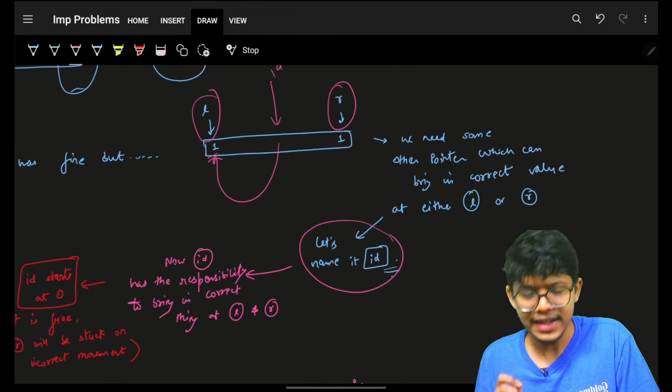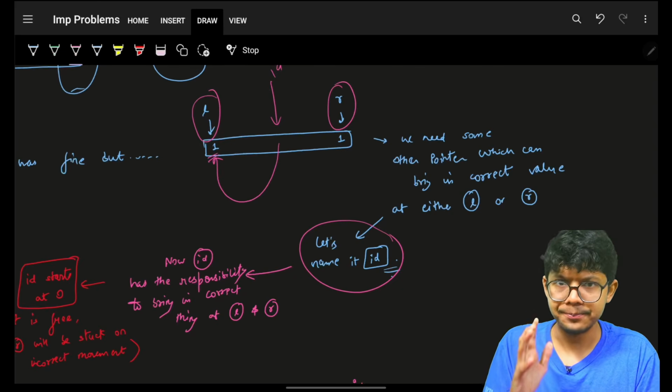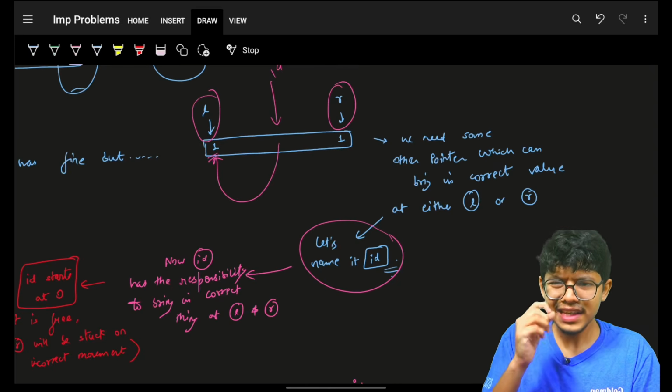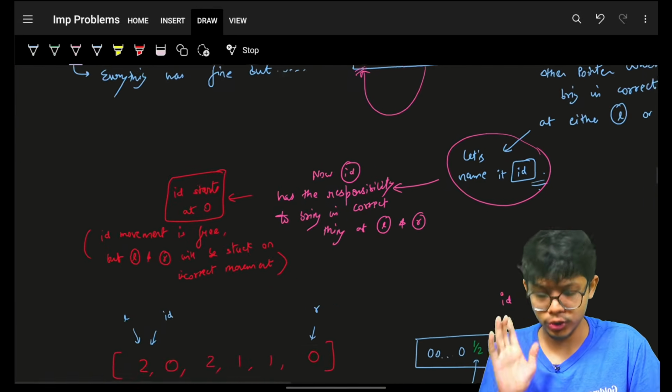I thought, let's take a third index or third ID. Now it is not exactly a three-pointer approach, but still we saw the requirement. We need someone else. That's where we jumped on to.